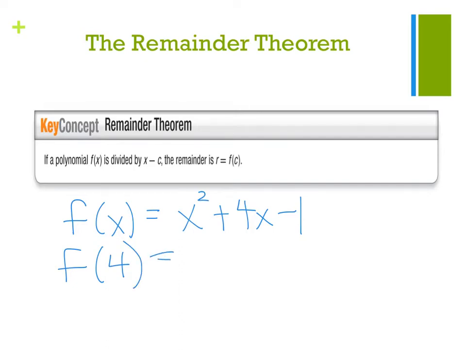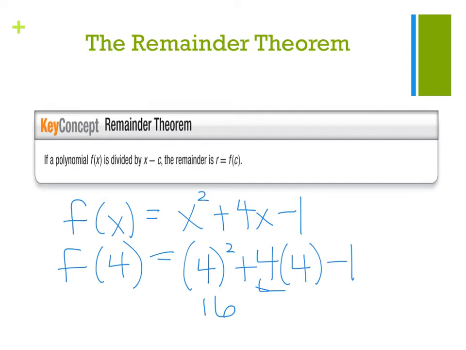In the past, we have substituted 4 for x and then evaluated. 4 squared is 4 times 4, which is 16. Here, 4 times 4 is also 16. Then we subtract 1 at the end. 16 plus 16 is 32, minus 1 gives me 31.